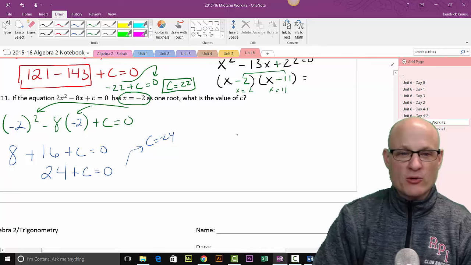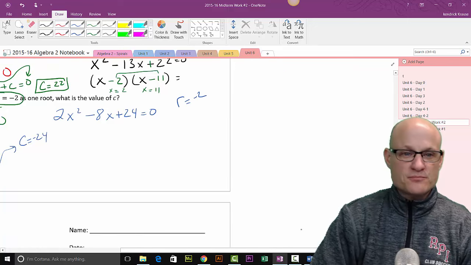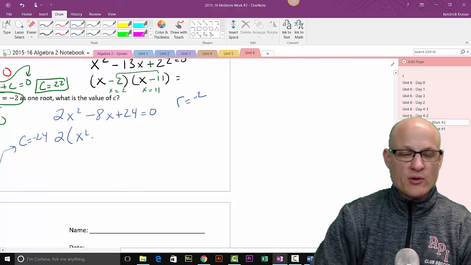All right, so I'm going to check my work just because I want to. So I get 2x squared minus 8x plus 24 equals 0. Let's see if I can get a root of negative 2. So the first thing I'm going to do is take out the GCF. 2x squared minus 4x plus 12 equals 0.